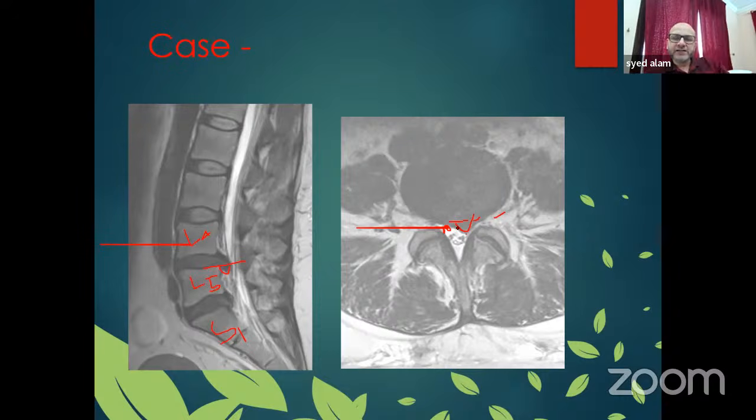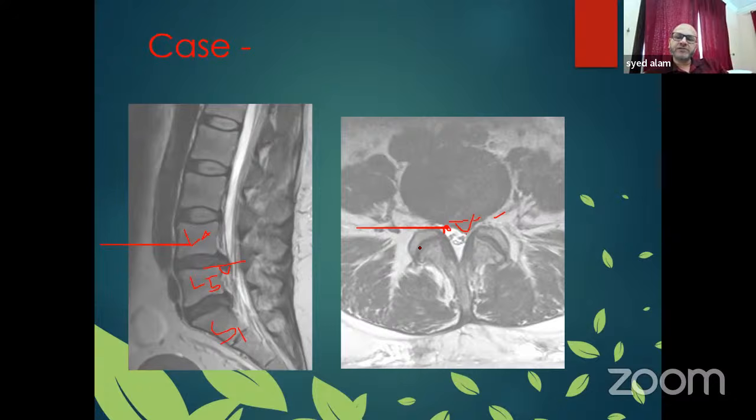So I will write like this: a disc extrusion in the left subarticular and central region, compressing and displacing the left L5 traversing nerve root. Then I will say the exiting nerve root is normal. I will see also in the sagittal cut, but this is the way we should report.